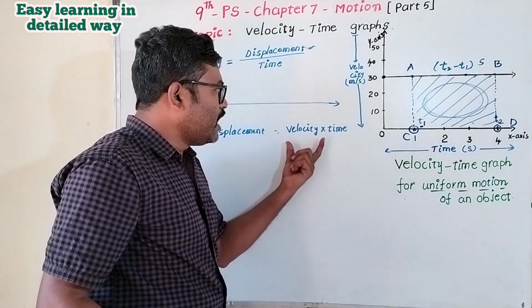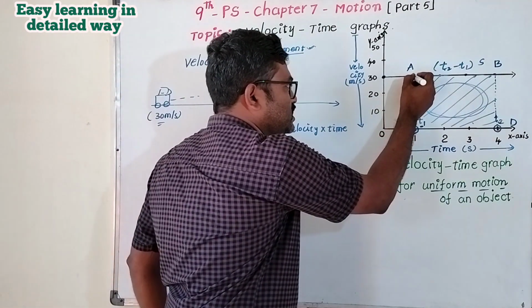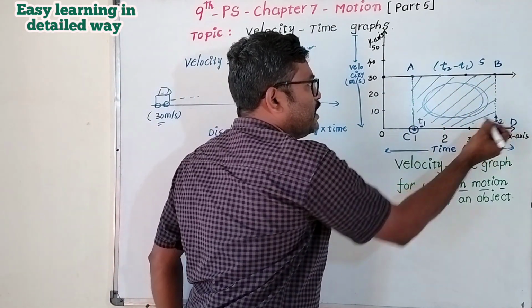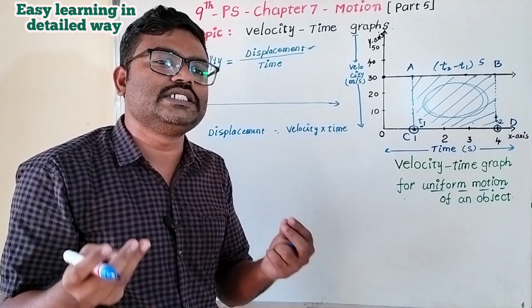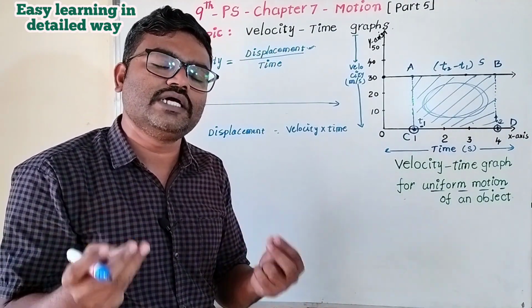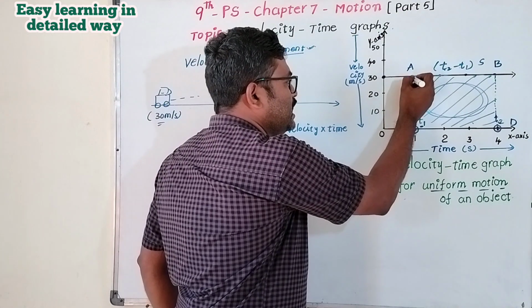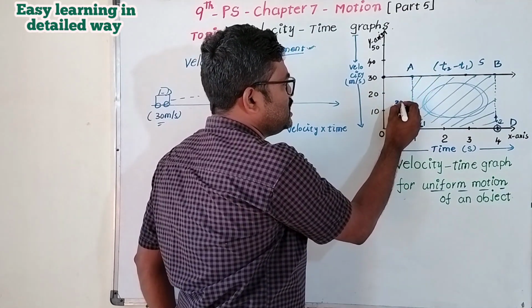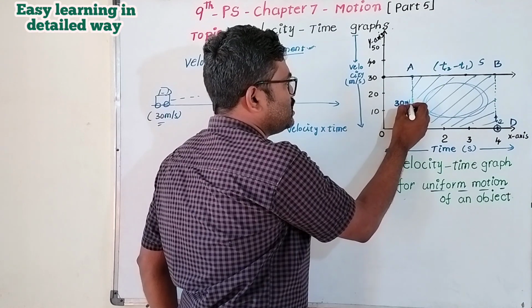This is time. And the velocity, this height, is represented by AC and BD, which are both equal because it is a rectangle; opposite sides are equal and parallel. The height of AC is exactly 30 meter per second.